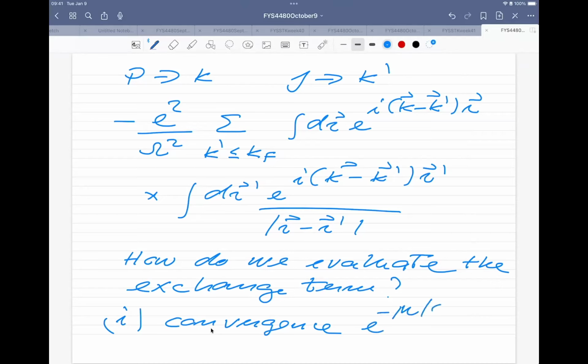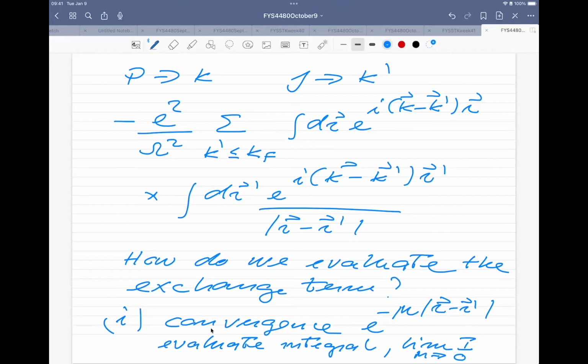Then you would calculate with a factor which renders the calculation possible, and then you take the limit afterwards. So convergence factor, then you evaluate the integral, and when you're done, you take the limit of the integral when mu goes to 0. So that's the first step.